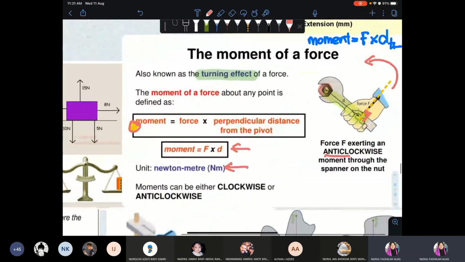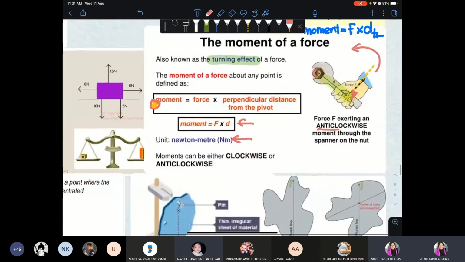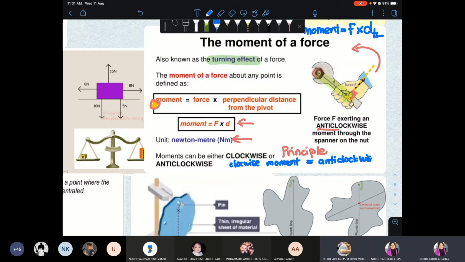When you know about moment of force, we have a principle. What's the principle? The principle says that the clockwise moment equals the anti-clockwise moment.